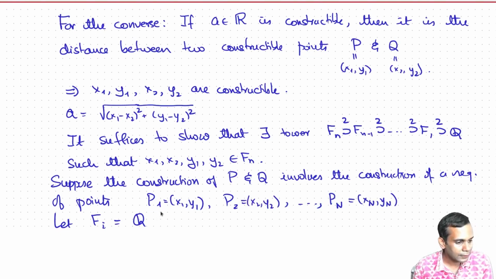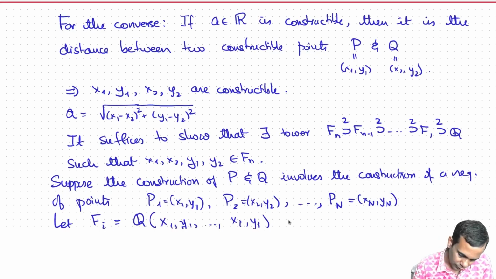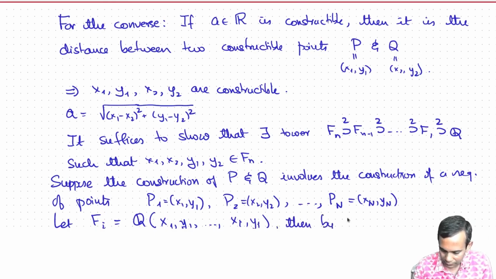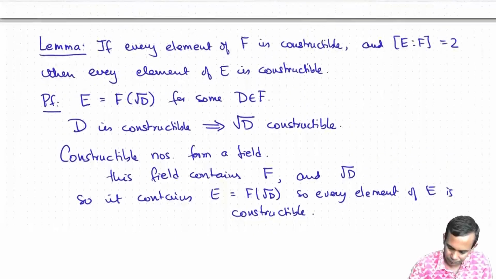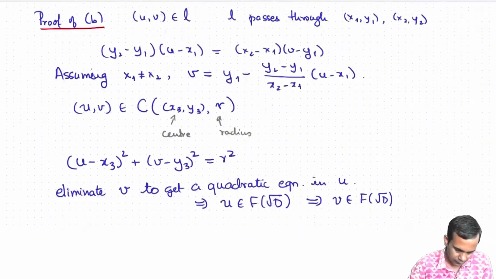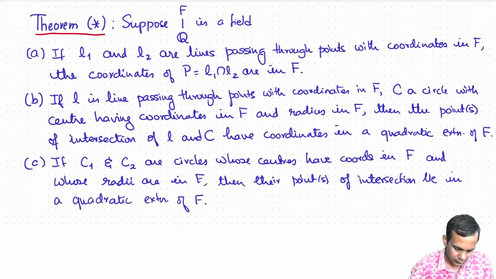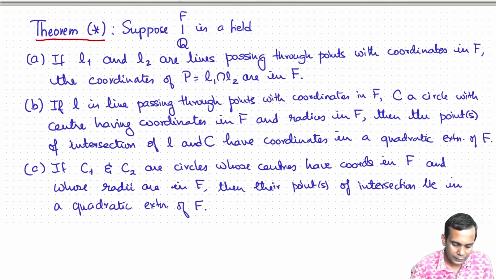Then if you look at this F, which is generated by x1, y1 up to xi, yi, then by theorem star, which we have here, each of these points is constructed by intersecting two lines at the previous step, or intersecting a circle and a line at the previous step, or intersecting two circles at the previous step.